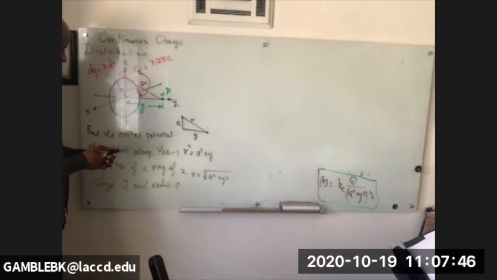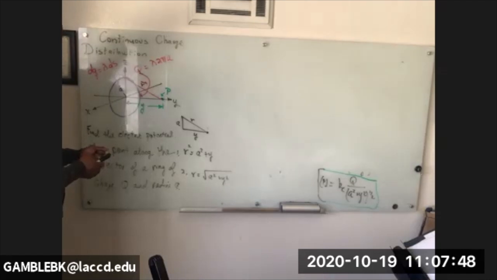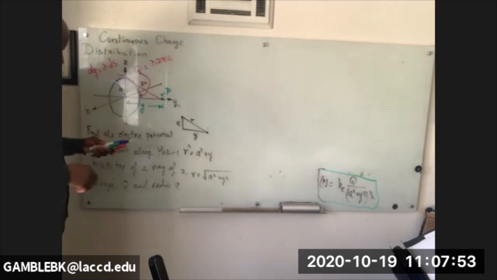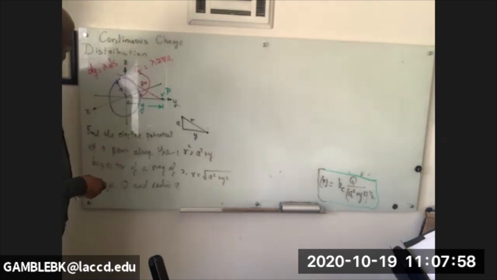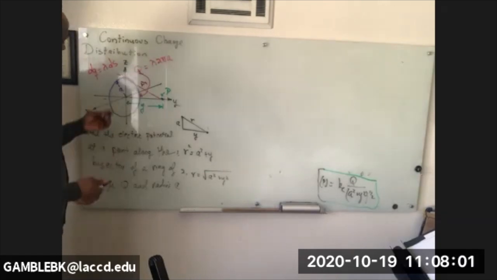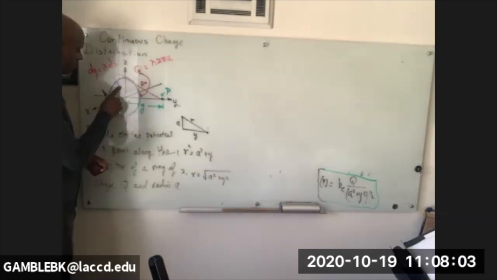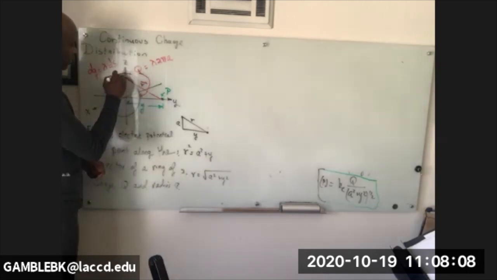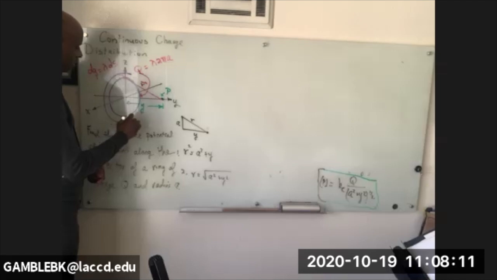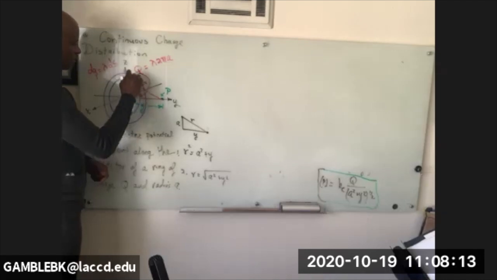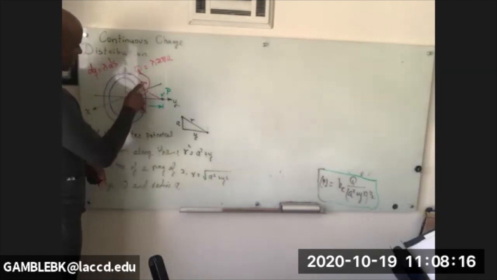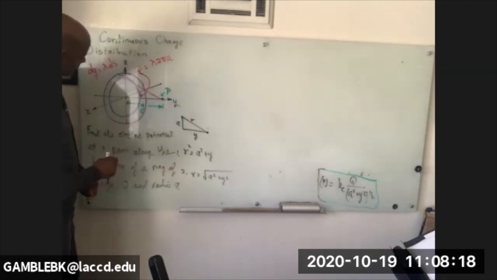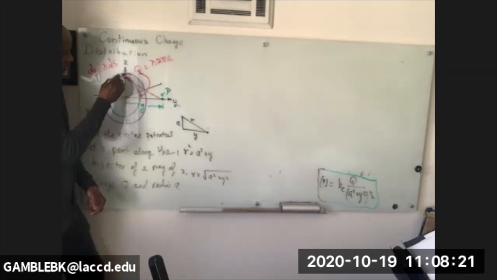But so here, let's do this. Let me use a different color. Maybe purple. Now, erase this. What we now have is a disk. Okay, you've got a disk, and maybe I could do something like that.